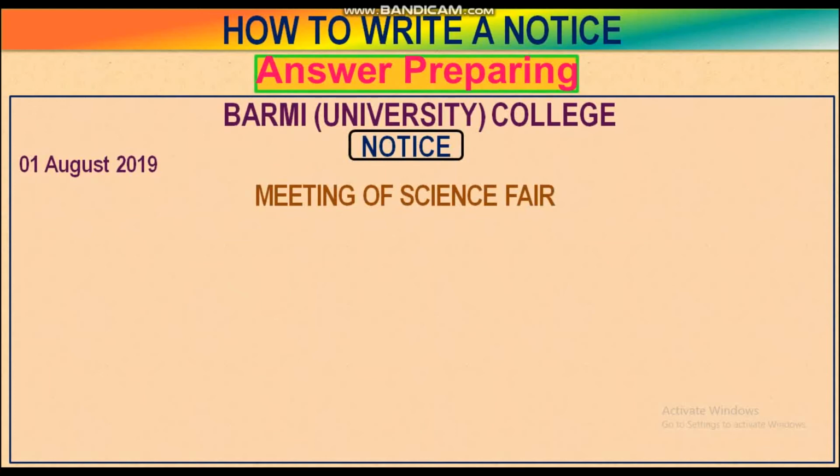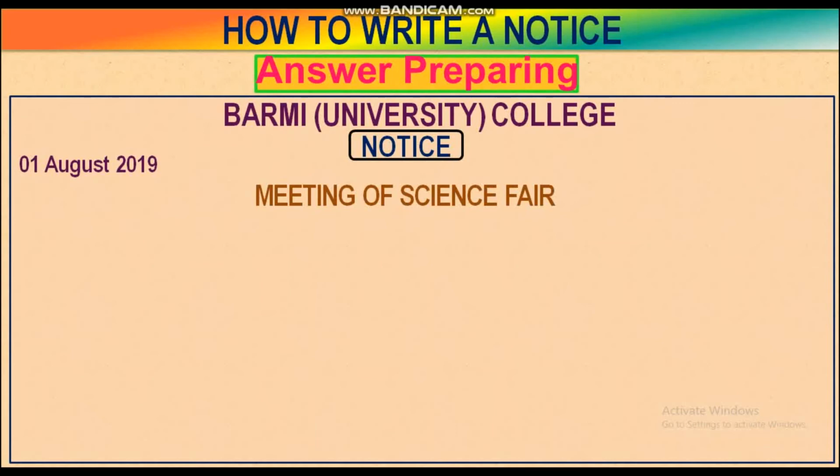What means what is going to happen. I mean, you have to mention the event in the body of the notice. Where? Where means where will it take place? I mean, you have to mention the venue.